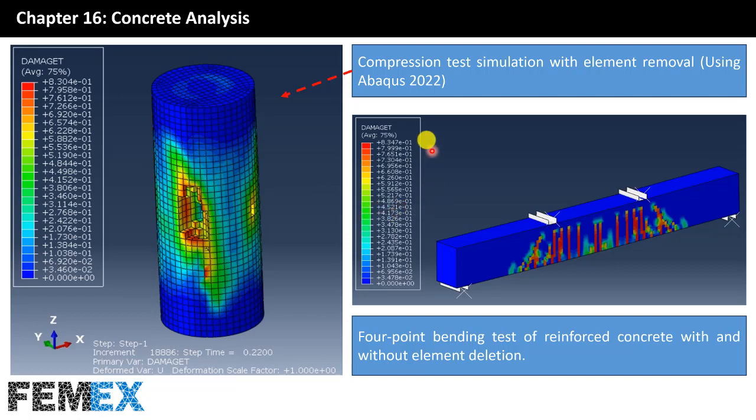Here you can see the tensile damage contour, and here you can see the propagation of the cracks, and they start from the bottom of the beam because at the bottom of the beam we have tension. And also in the simulation you can see the unsymmetric damage propagation of the concrete, and also it propagates in an oblique pattern.